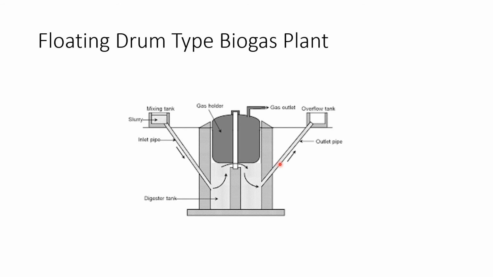A floating drum type biogas plant consists of a gas collection chamber which floats over the digester system. As the quantity of gas evolved increases, this gas holder moves upward. So based on the volume of gas inside, the gas holder moves up and down, and the gas can be taken outside with the help of the gas outlet on the top of the movable gas collection drum.